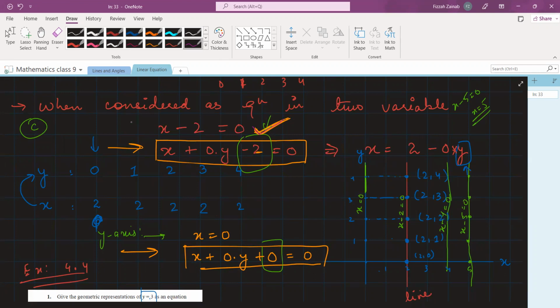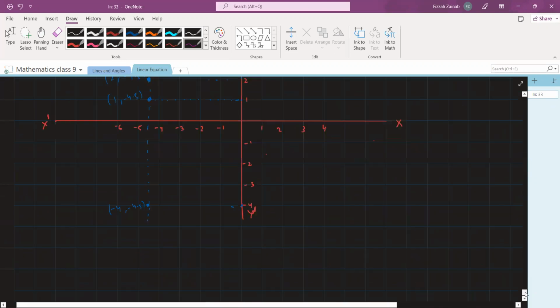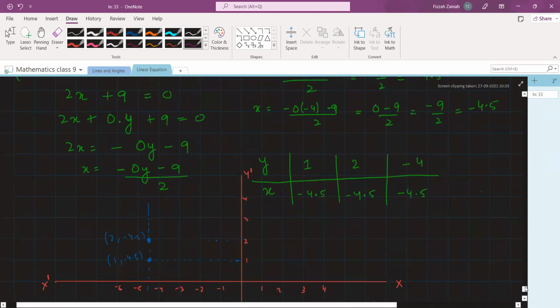So ultimately x is equal to 2, right? This means x is equal to 2. So you can see on this line, everywhere x is equal to 2, right? For every value of y, your x is actually equal to 2. Clear? Yes, ma'am.